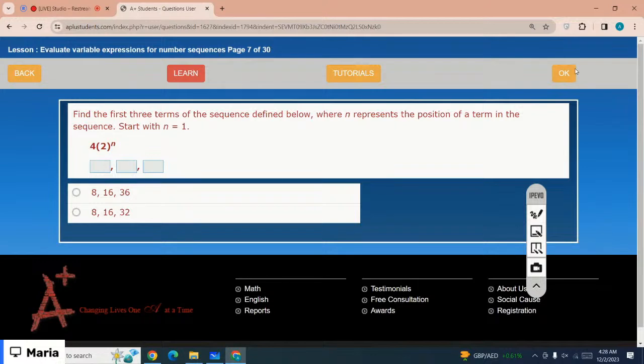Yes, the correct option is 8, 16, and 32. Option number 2 is the correct option. Very good.